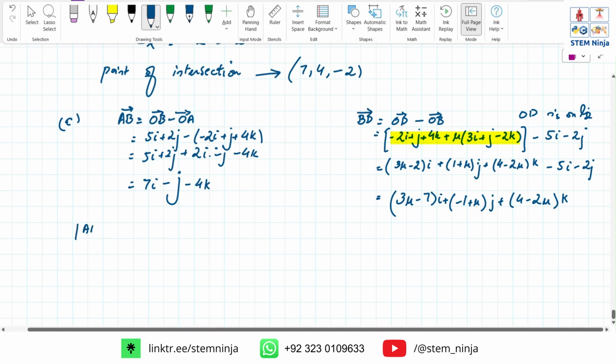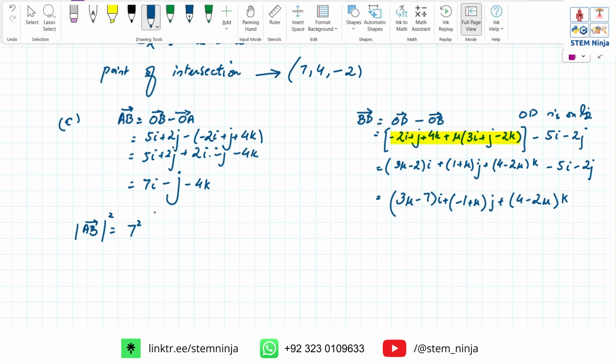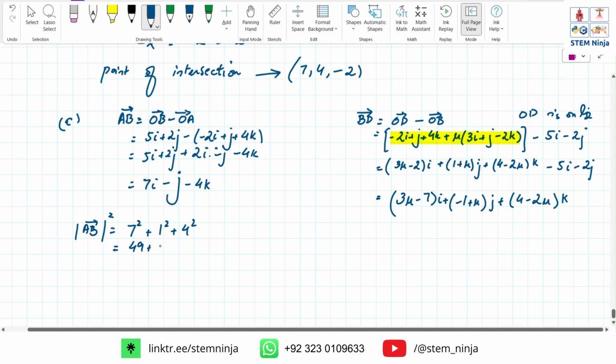So AB length is 7 squared. Actually, it would be easier to work with the squares. 7 squared plus 1 squared plus 4 squared, so 49 plus 1 is 50, plus 16 is 66.